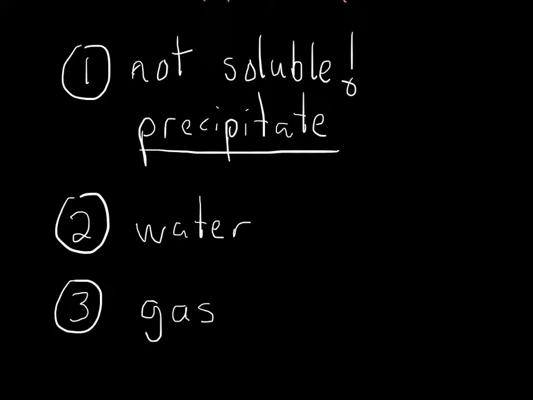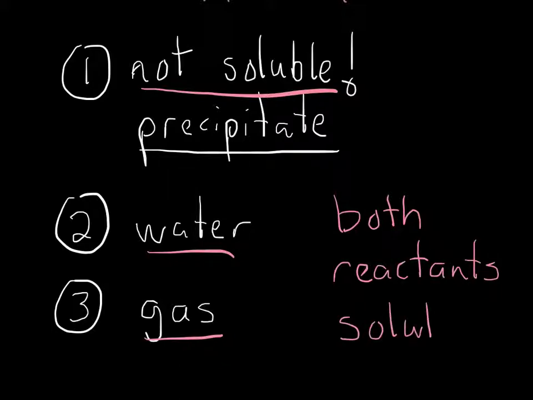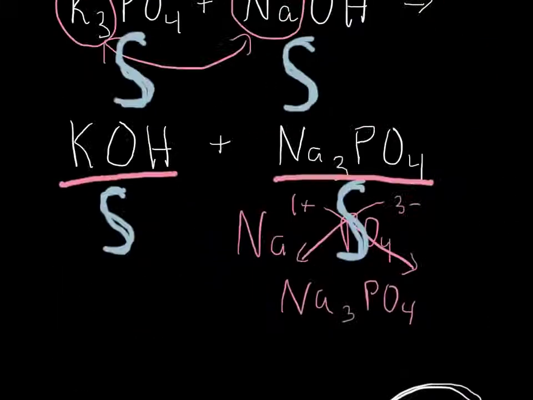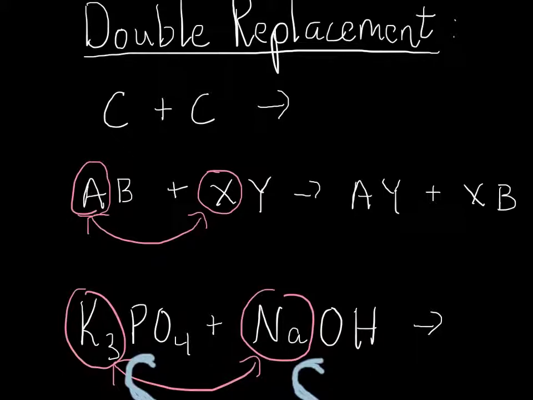And I'll sort of jot that off to the side here as a reminder: not only does my product need to be either insoluble, water, or a gas, but both of my reactants need to be soluble. And that's a double replacement reaction. How do I recognize a double replacement reaction? I recognize it because I have compound plus compound to start the reaction.